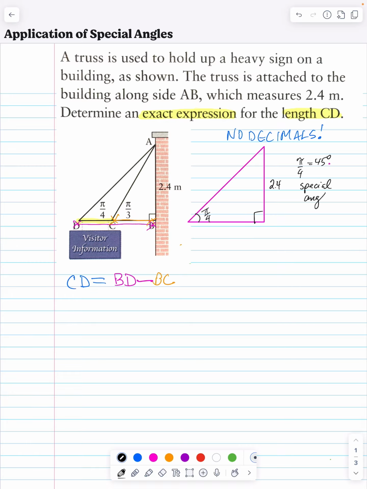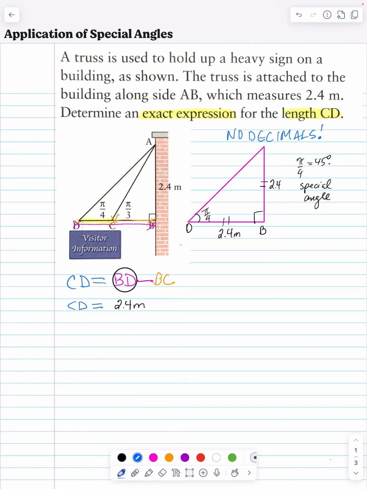With 45 degrees, we know that it is an isosceles triangle, so these two sides are equivalent. 2.4 meters is the same thing on this side, which is side length BD. So I'm going to put 2.4 meters in here for the length BD. I still don't know what CD is.